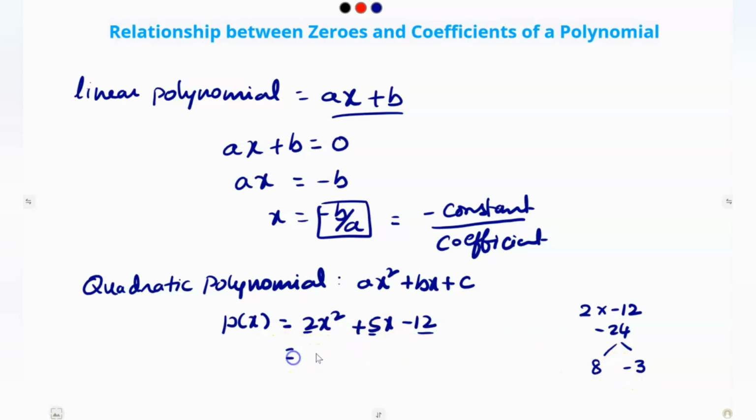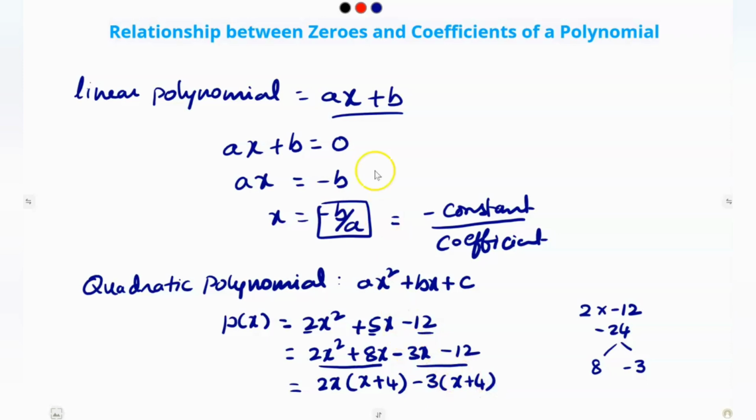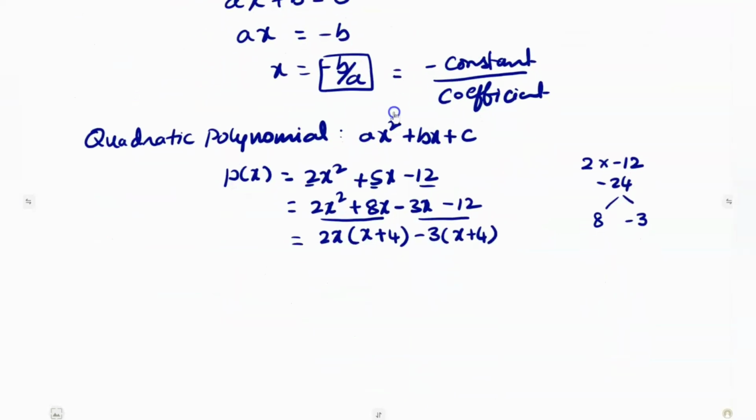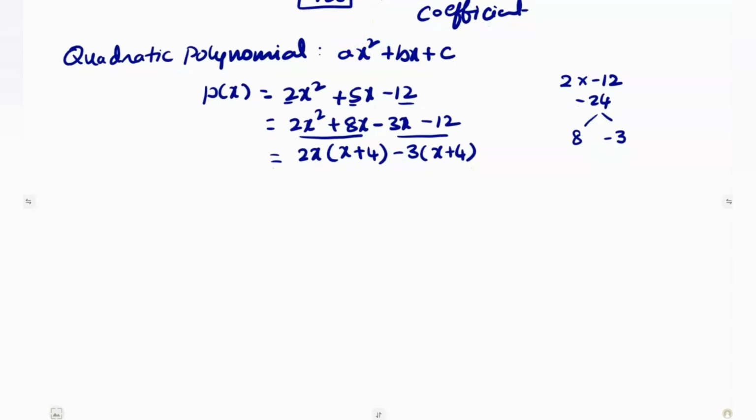So let us write the quadratic polynomial as 2x square plus 8x minus 3x minus 12. Now take 2x as common from the first two terms: 2x(x plus 4), and in the last two terms take minus 3 as common: minus 3(x plus 4). So which is equal to (2x minus 3)(x plus 4), the two factors of this polynomial.